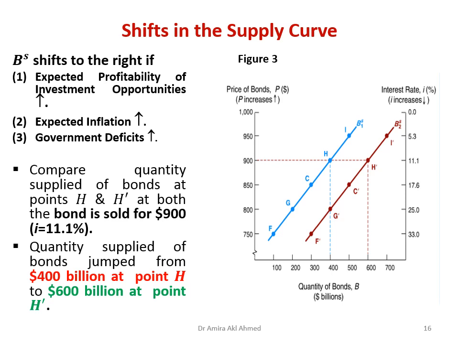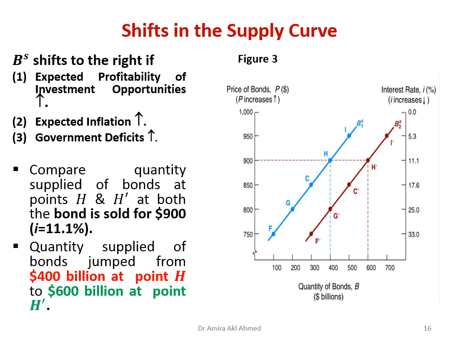Now let's illustrate shifts in the supply curve of bonds to the right using figure 3. Bear in mind that bond prices are measured by the left axis, whereas their corresponding interest rates are measured by the right axis.